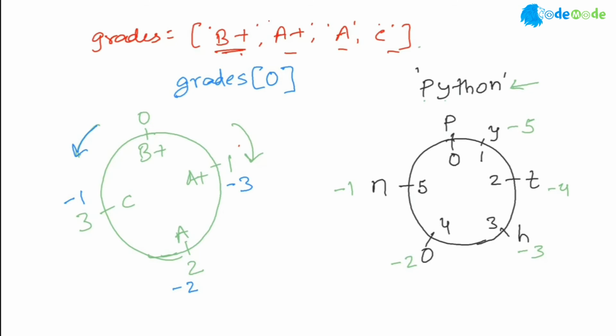If I say grades and then square bracket 1 or -1, what will it return, Meka? If I try to access the individual item in the list using the list name and an index value inside a square bracket, what will this return?